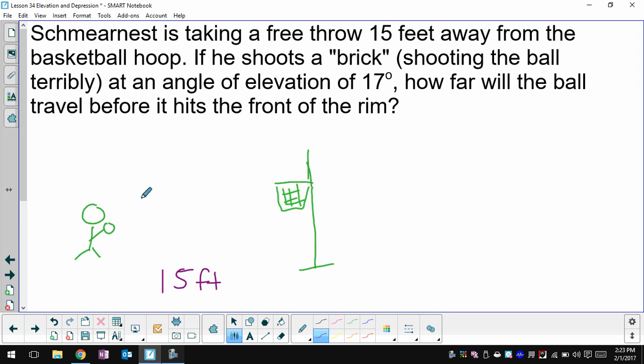And he's going to shoot a brick. So for those of you who don't follow basketball, a brick means it's a bad shot, basically. And it's going to form an angle of elevation of 17 degrees. So that means this angle right here is 17 degrees.